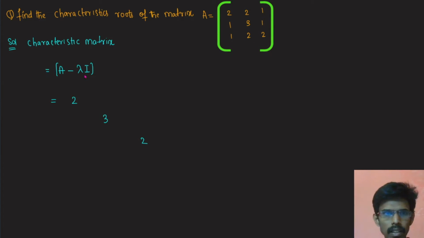Now subtract lambda from all of them, so this will become 2 minus lambda, 3 minus lambda, 2 minus lambda. Keep the other elements as they are. In the first row we have 1, 1; in the second row we have 3, 2; next 1, 1. We got the characteristic matrix.